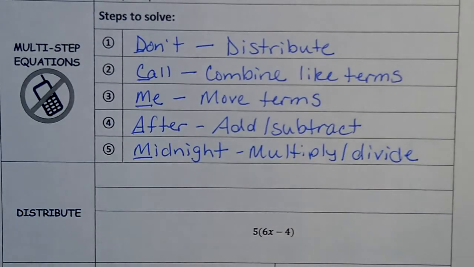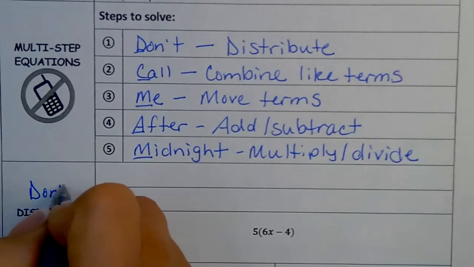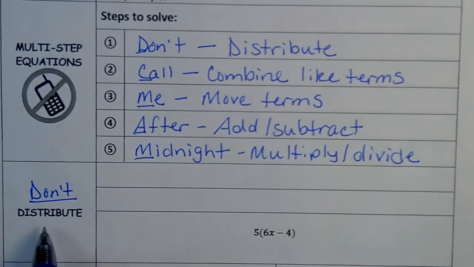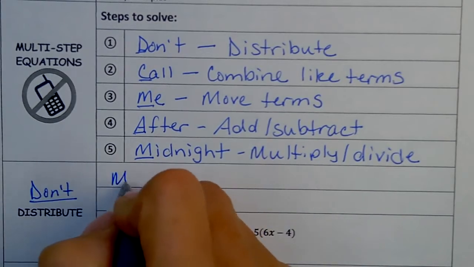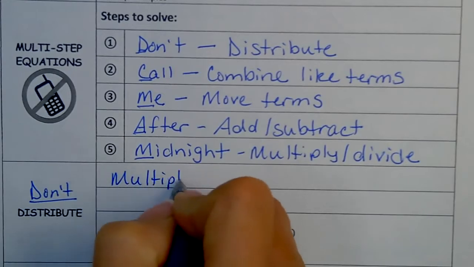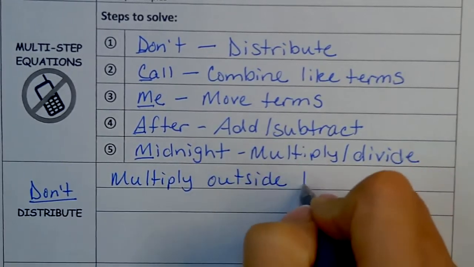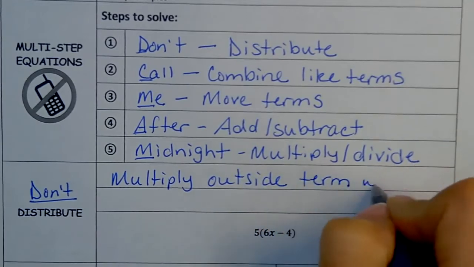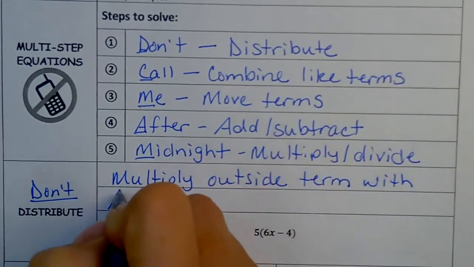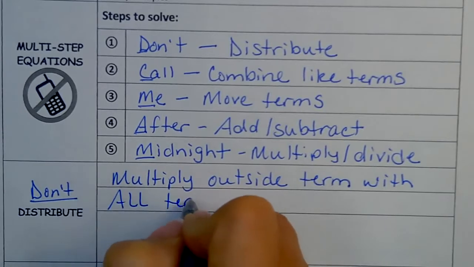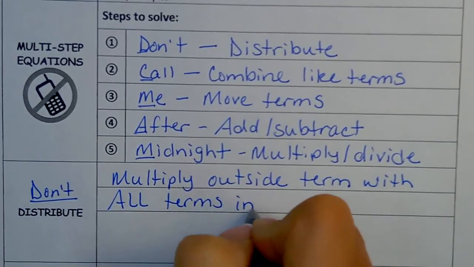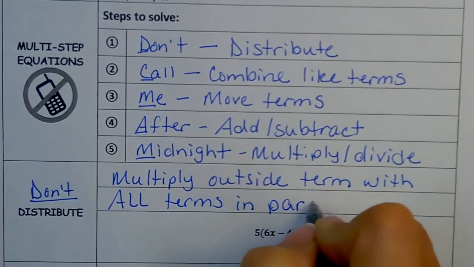Okay, so we're going to focus on the don't, which is distribute. So to distribute, you multiply the outside term with all the terms in the parentheses.